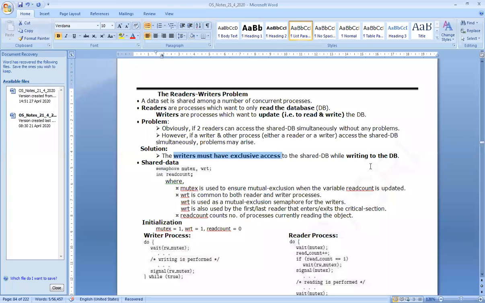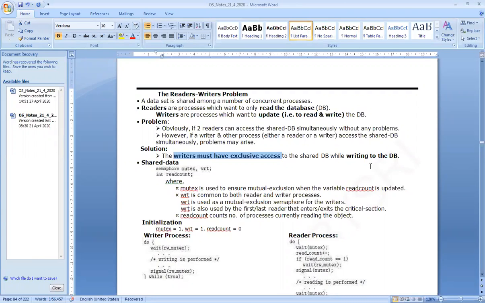The same applies to the reader: when a reader wants to read something from the database, it should have exclusive access while performing the reading. That is the solution we can give for the reader and writer problem.